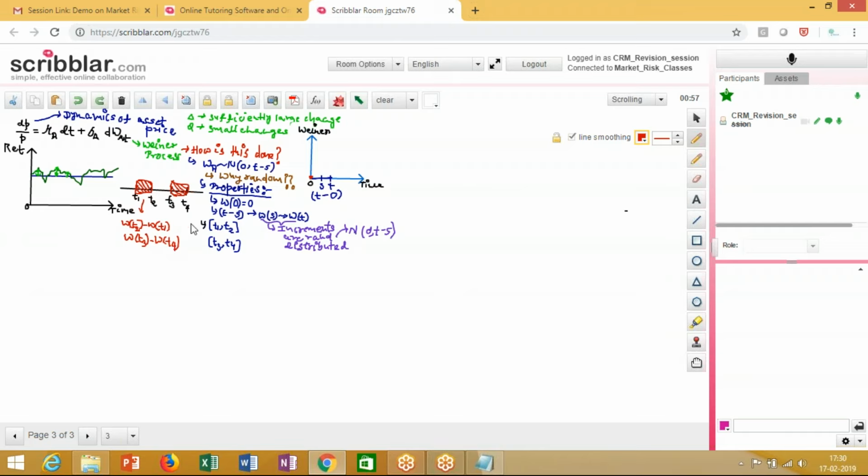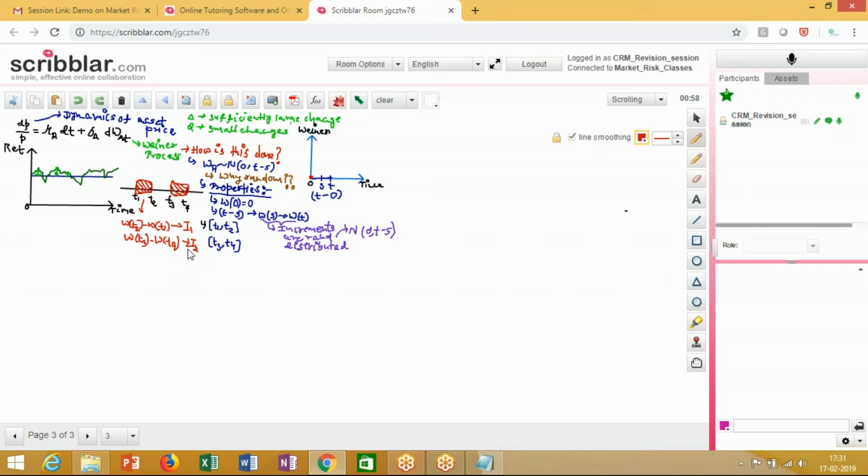Now you know that in I1, Wt1 and Wt2, these two increments are normally distributed. So within those two intervals, whatever increments happen, they are independently identically distributed, that is, they are random. On the other hand, within I2, the same results happen. Now, what question comes out is, what would happen if these two intervals are taken together, right?